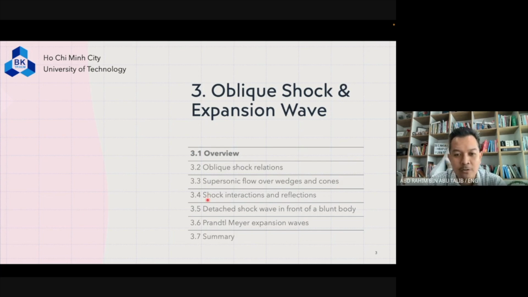The fourth subtopic is shock interactions and reflections. The fifth one is detached shock wave in front of a blunt body. And we will look into the last topic, which is Prandtl-Meyer expansion wave, before we summarize this topic on oblique shock and expansion wave. For today, we will look at the first two subtopics, which are the overview and the oblique shock relations.